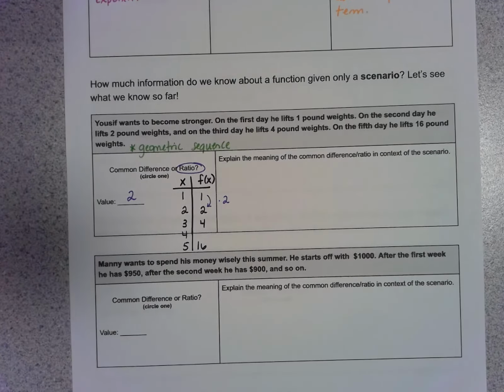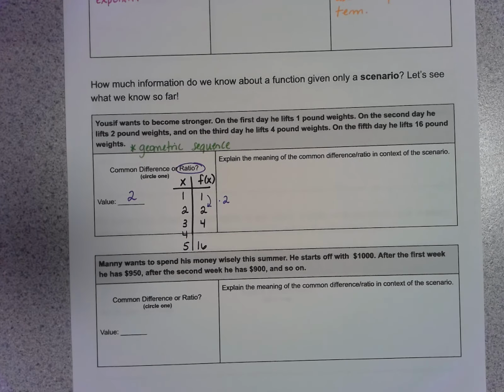Now, what does that mean in the context of the problem? Well, in the context of the problem, what this means is that the amount of weight that he lifts doubles each day. So we need to just say that. So we're going to say that the amount of weight, so what are we measuring?